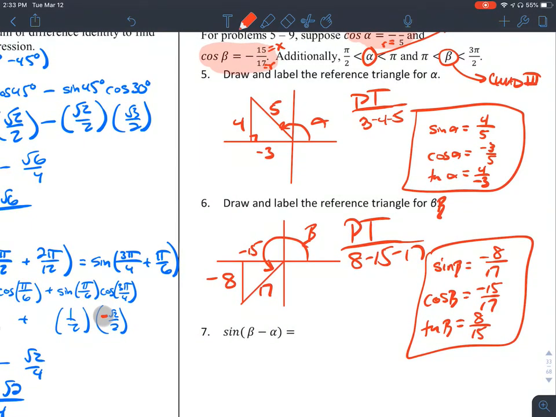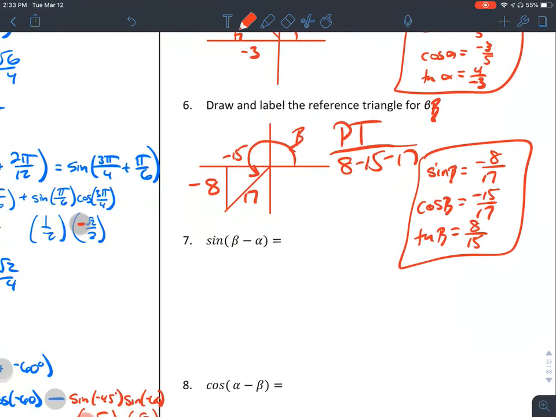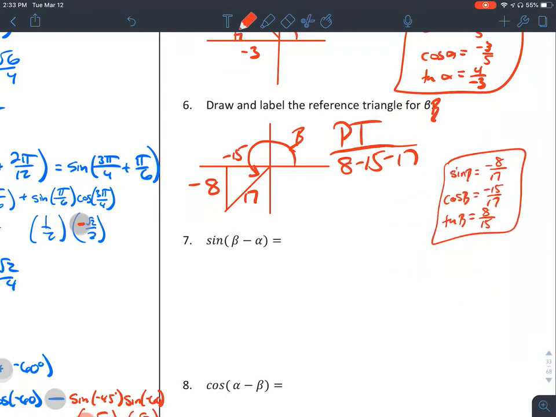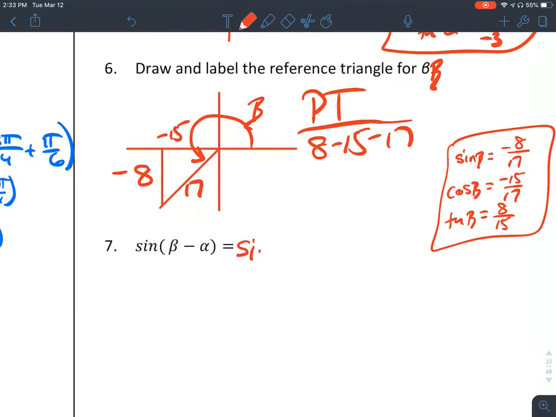Number 7, what is sine of beta minus alpha? Using the difference identity for sine, that's going to be equal to sine of the first angle times cosine of the second angle minus sine of the second angle times cosine of the first angle.